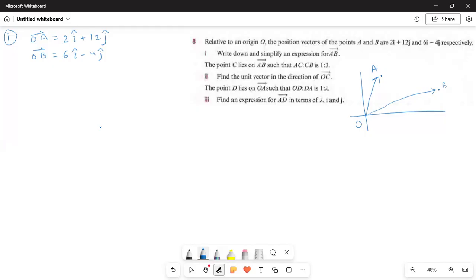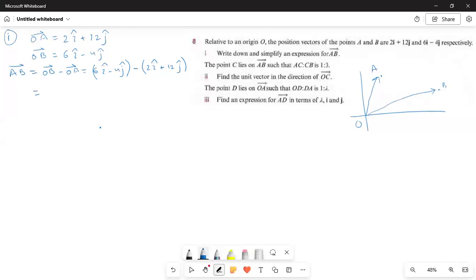In part 1, we have to write the AB vector. So AB vector would be OB minus OA, right? OB is 6i minus 4j, and minus OA, which is 2i plus 12j.